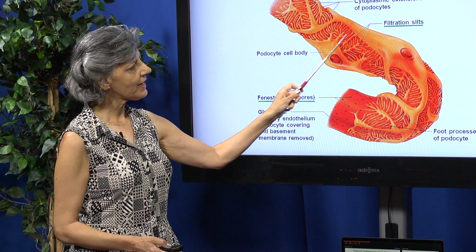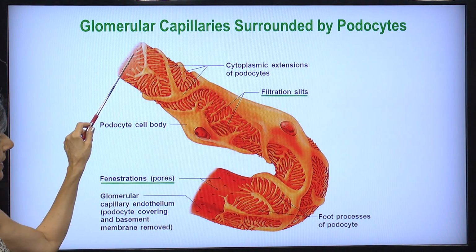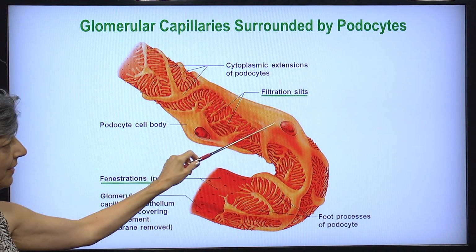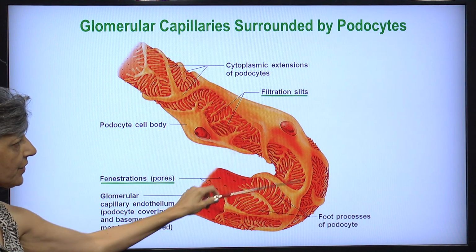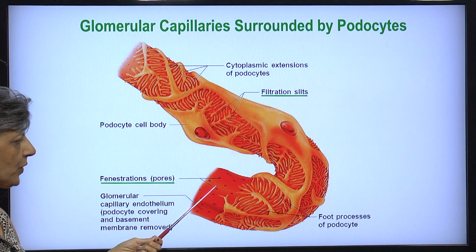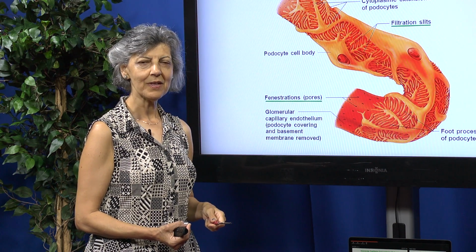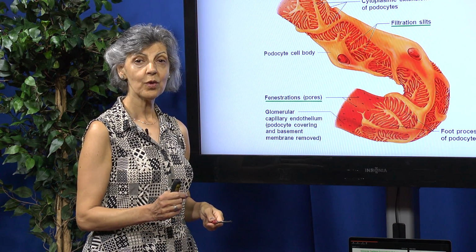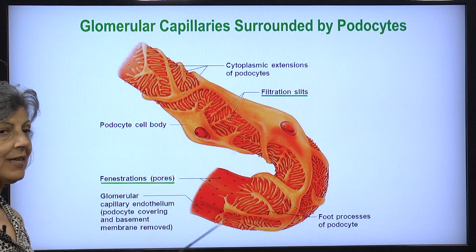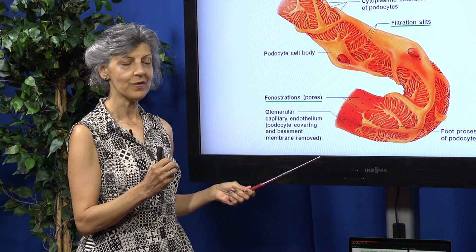So this is a very nice depiction of the podocytes. This is the glomerular capillary. The podocytes are surrounding it, they wrap around it. If we look closely at the endothelium of the capillary, it has small pores. We call these the fenestrations or the fenestra. So substances can move out of those pores.